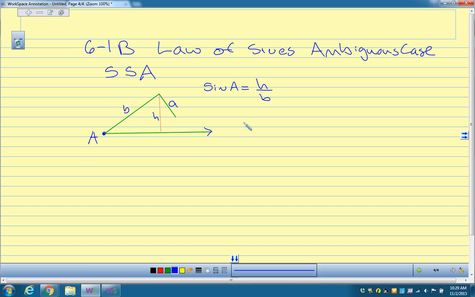I'm looking at this as a right triangle, so b sine A equals h. But if a is less than h, we don't actually have to find out h in this case. If a is less than h, then you have no triangle.